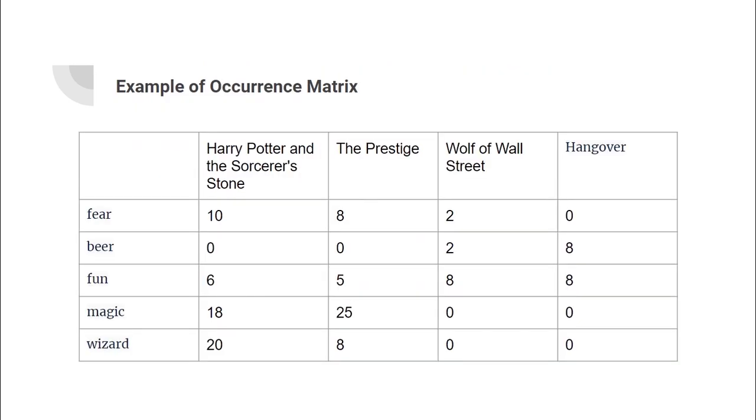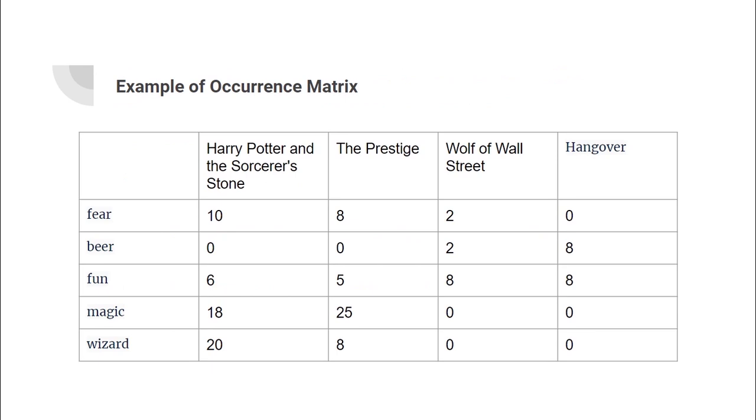The example of the occurrence matrix is the table which I am going to show here. I will take some documents, or say paragraphs written on different topics. Those paragraphs I am going to list as columns. That is what the context is, right?